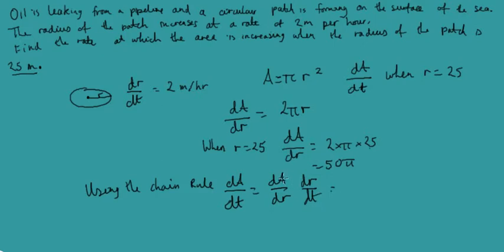And so we know dA by dr is 50 pi when the radius is 25 meters, and we know the rate of change of the radius with respect to time is 2, so we're going to multiply 50 pi by 2, which will give us 100 pi.